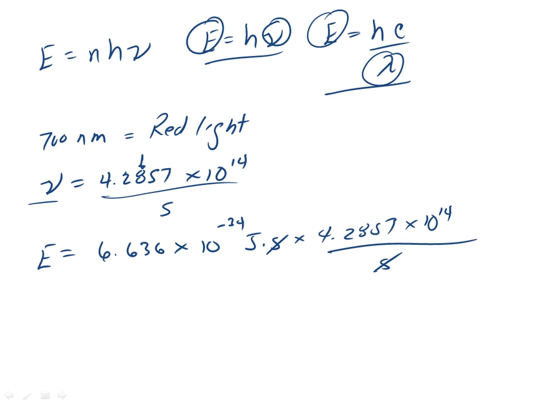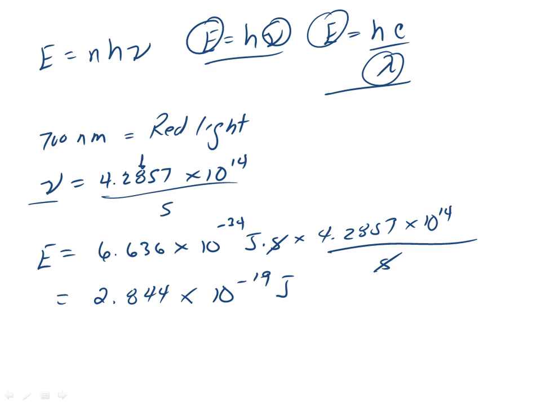So let's take our answer, 4.2857 times 10 to the 14th, the frequency of red light, multiplied by 6.636 times 10 to the negative 34 joule seconds, and we get 2.844 times 10 to the negative 19th joules.